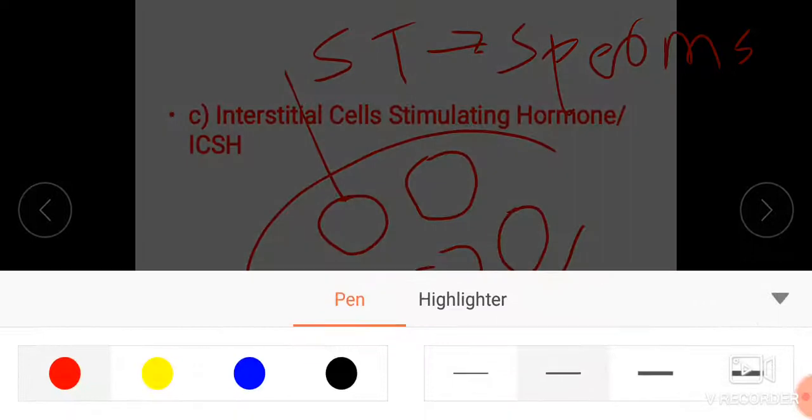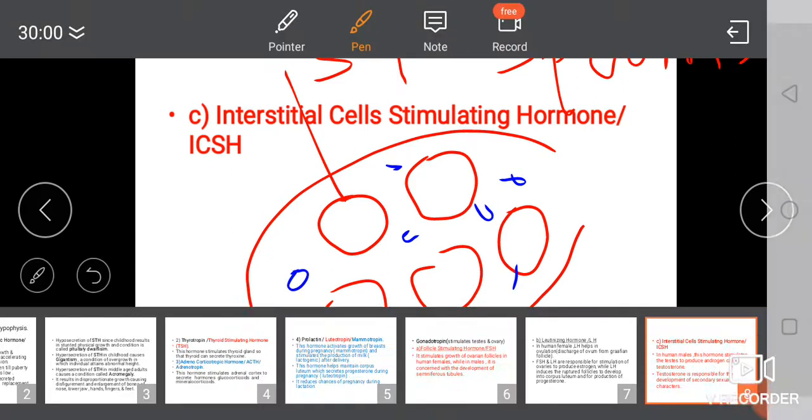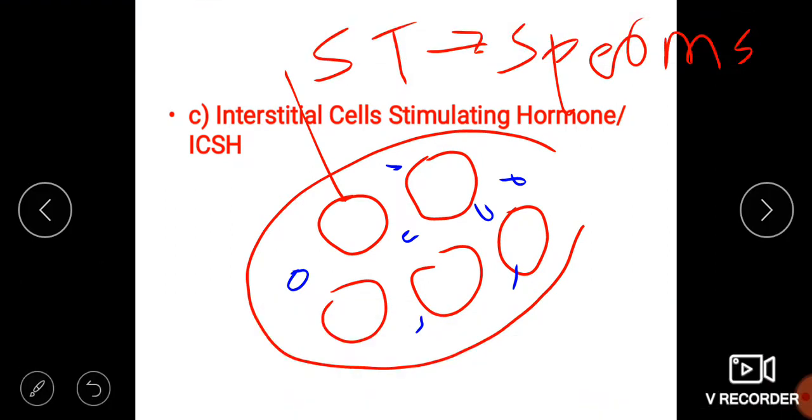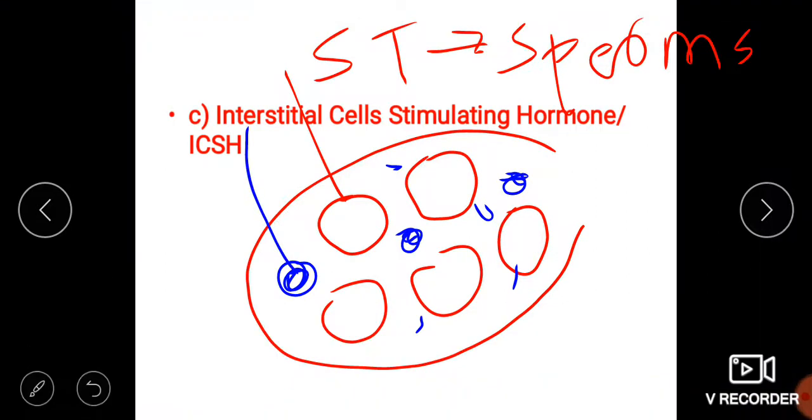While this group of cells are called the interstitial cells, and it is the interstitial cells that produce a hormone called testosterone.